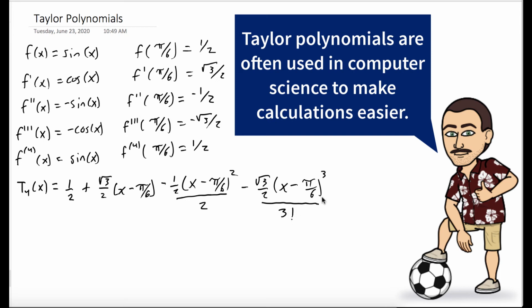And then our last term is plus 1/2 times x minus pi over 6 to the fourth over 4 factorial. So that's our Taylor polynomial.